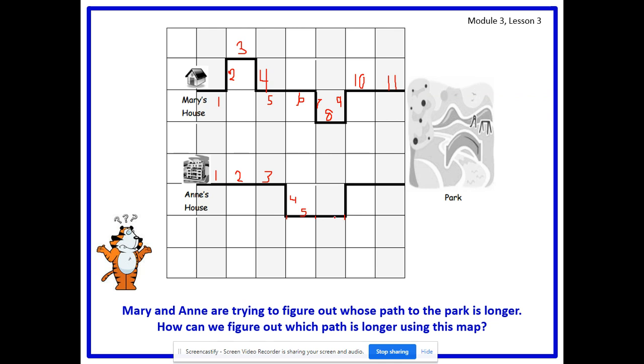Here to this line is 6. From here to here, 7. Here to here, 8. And from here to our other endpoint is 9. So, how many city blocks long is Anne's path? Remember to say the unit. Get ready.